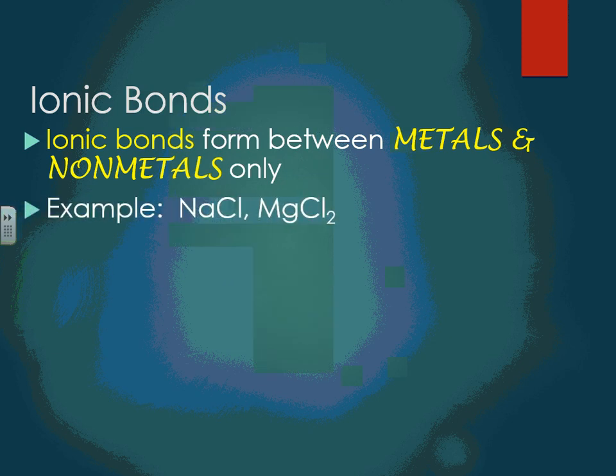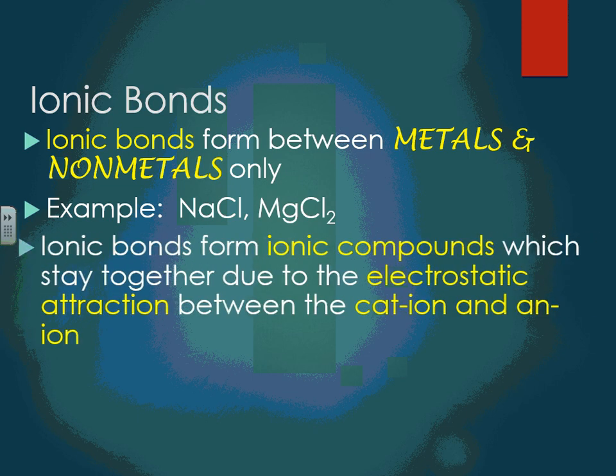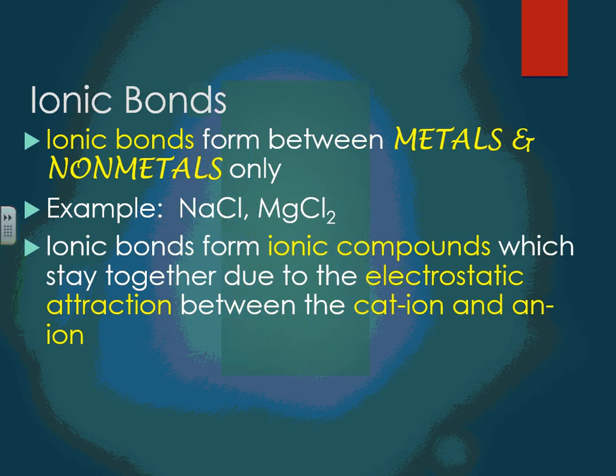Now there are plenty of examples, but two examples that are listed are sodium chloride, NaCl, and magnesium chloride. And an ionic bond is not generally a formal bond, but more of an electrostatic interaction. And it's such a strong attraction that we call it a bond between them. Now, when you're writing these ionic bonds, you always want to start with the metal first.